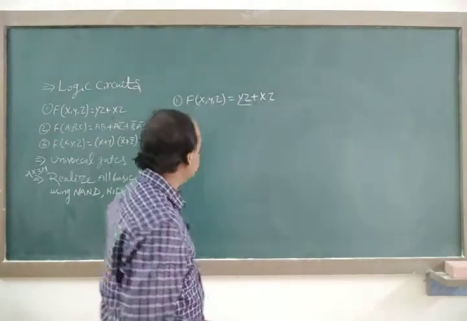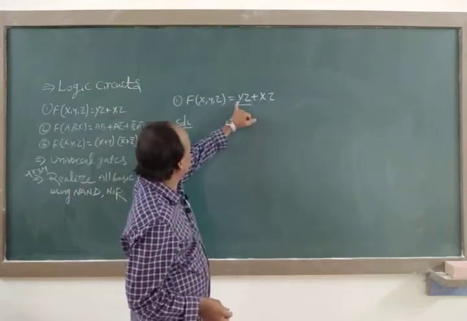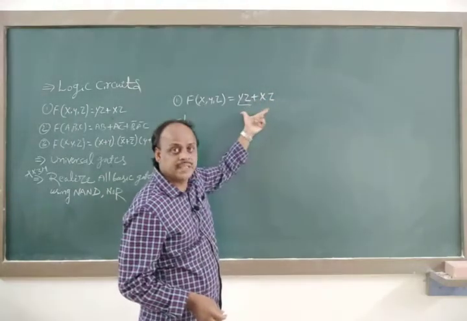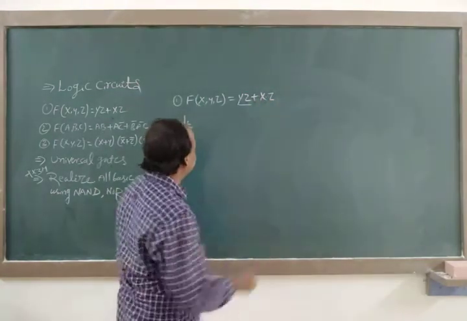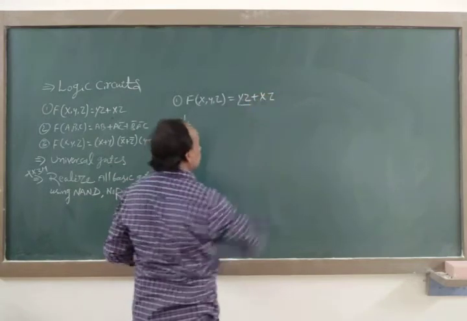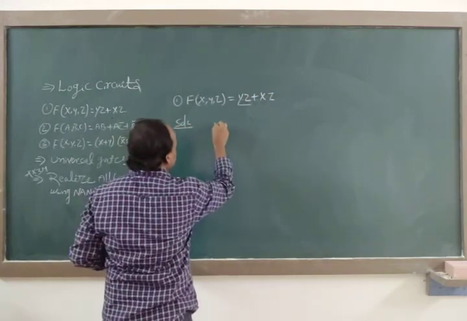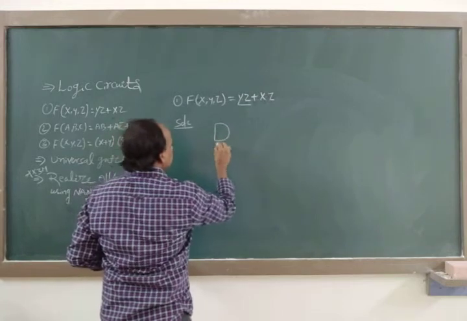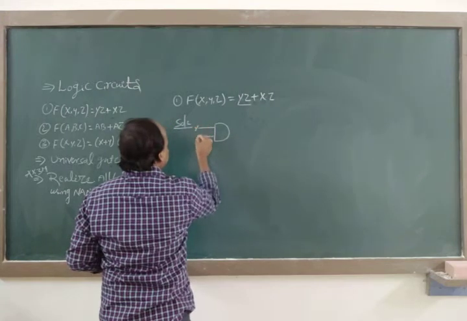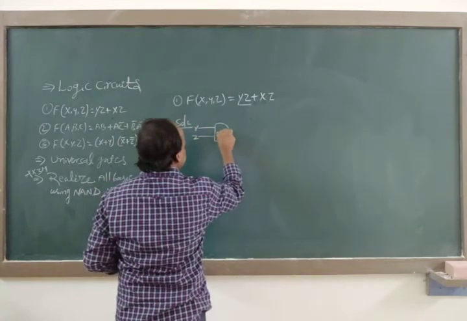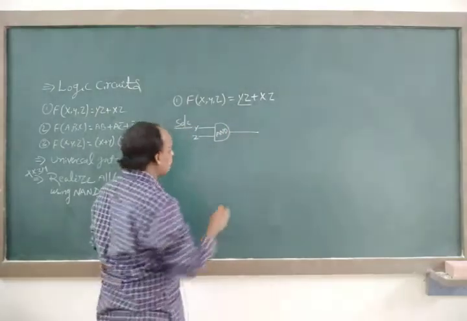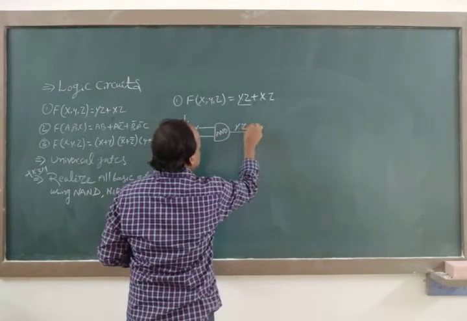See here, first term y into z as well as second term x into z. For these two terms we have to write an AND gate, because in these two terms the AND operation is there, that is y z AND gate. When it is an AND gate we are going to get the result as y into z.